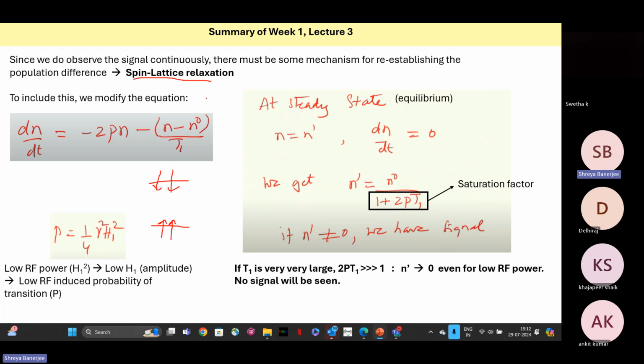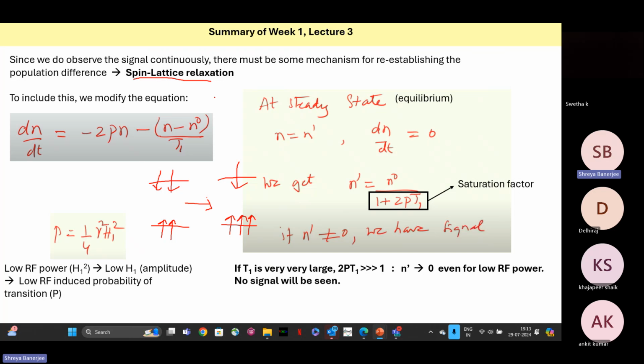And due to spin lattice relaxation, ultimately it will go back to the equilibrium phase. And what is the equilibrium phase? Where the population of the lower is greater than the population of the higher. Because of spin lattice relaxation, you always have a lattice, which is a sink for energy. So it will always relax back to the equilibrium state, and the extra energy released will be absorbed by the lattice.